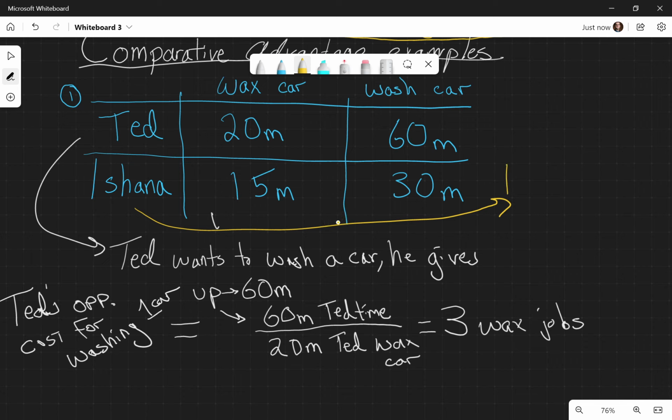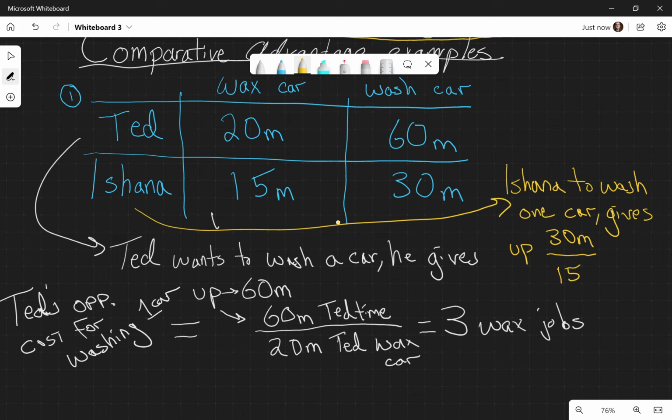I don't know why I keep mispronouncing that name, but Ishana, to wash one car, gives up 30 minutes divided by her productivity, how fast it takes her to do a wax, so she gives up 2 waxes.